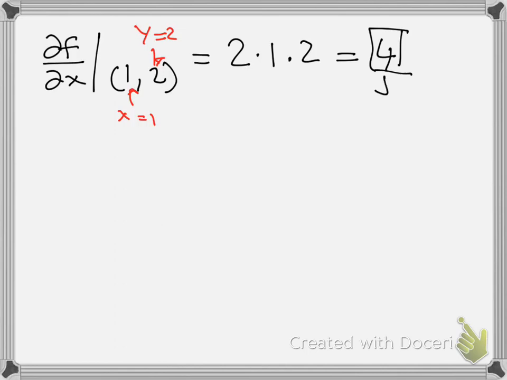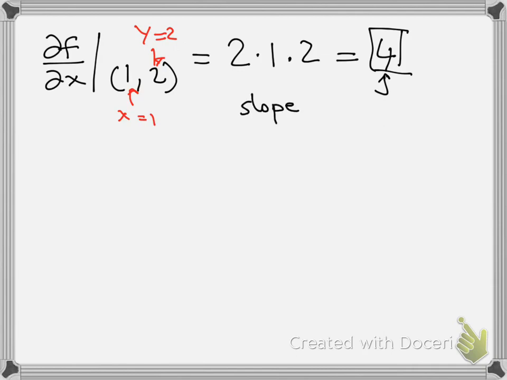that's the slope of the tangent line to the curve C, which is the image of the line. So here y is fixed, so the line y is equal to 2, at the point 1, 2, f of 1, 2. So this is the slope.